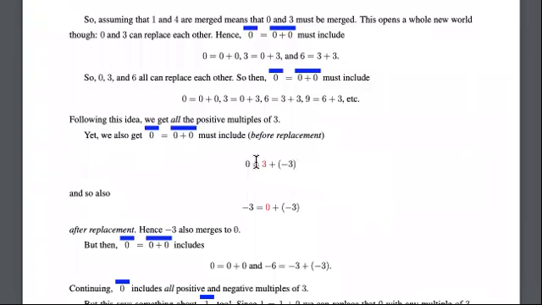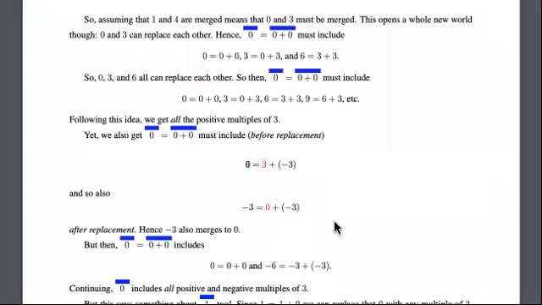But also keep in mind that 0 is equal to 3 plus 3 bar, or -3, right? And if we replace 3 with 0, then we actually get -3, which means that -3 and 0 also should be in the same chunk, which means you actually get all positive and negative multiples of 3.